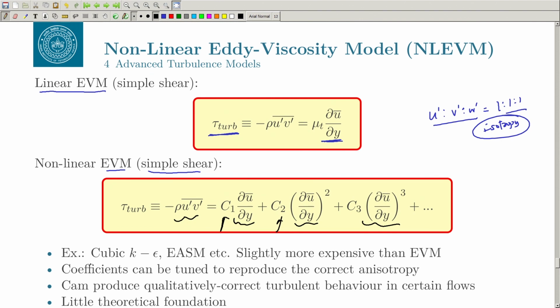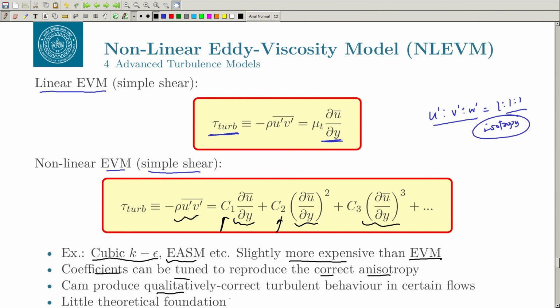For example, the cubic K epsilon, or models like ERSM, ESM etc., come in this class of non-linear eddy viscosity models. They are more expensive than the eddy viscosity model, but not by much. Here also the coefficients can be tuned to produce the correct anisotropy, and it can produce better turbulent behavior in certain flows.